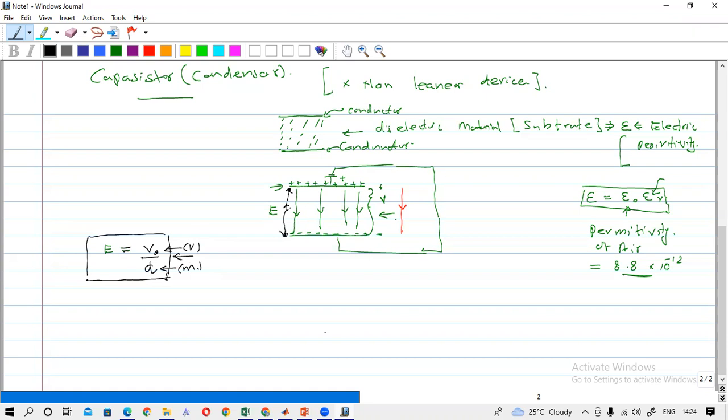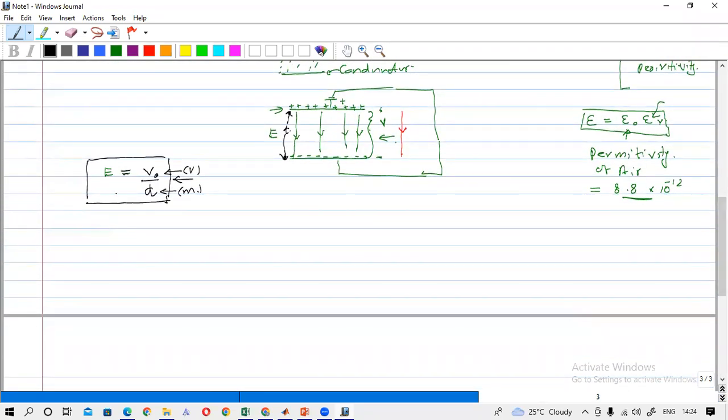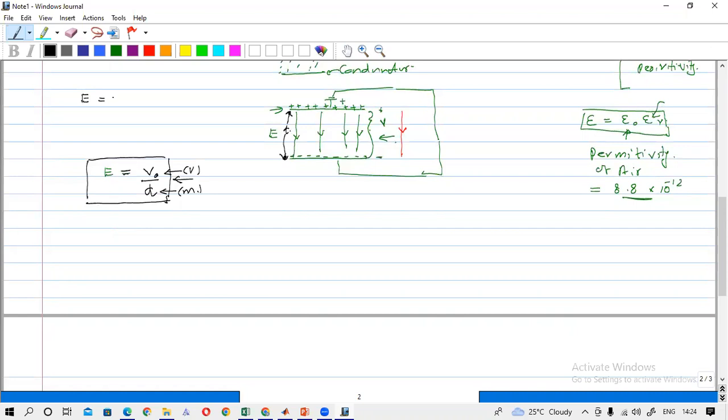I think there is another definition for E. In A level we have learned that E is equal to 1 by 4 pi epsilon naught epsilon r, Q1 Q2 divided by R square.